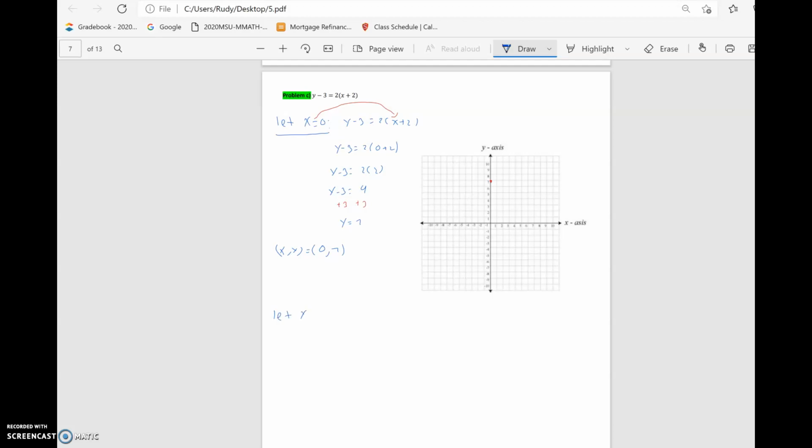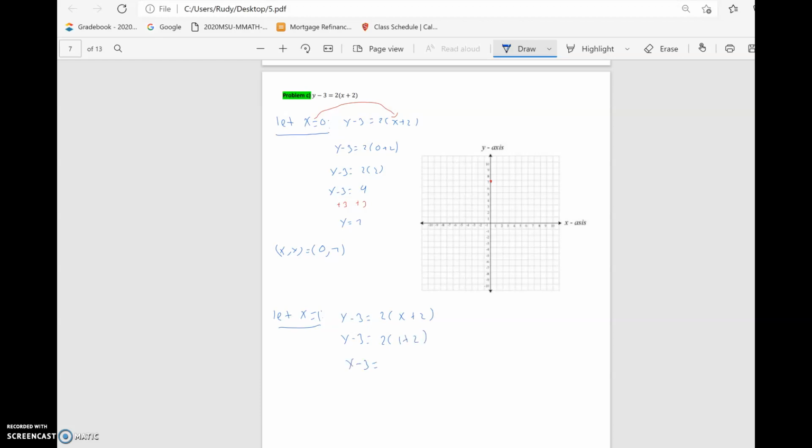So let x is equal to 1. So you're going to end up with y minus 3 is equal to 2 times x plus 2. Wait, x is equal to 1, so 1 plus 2.